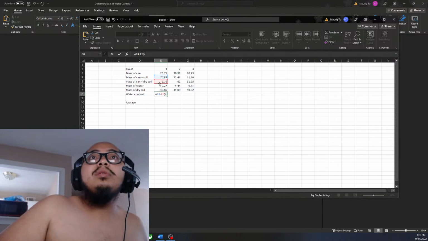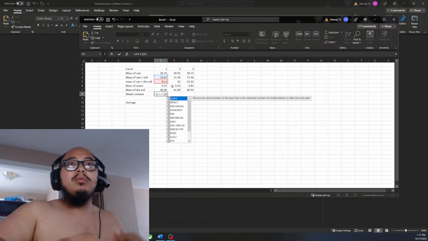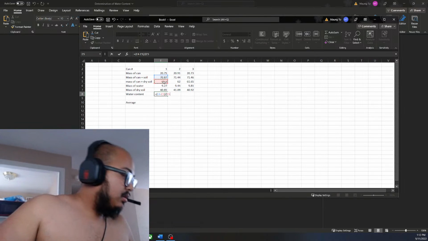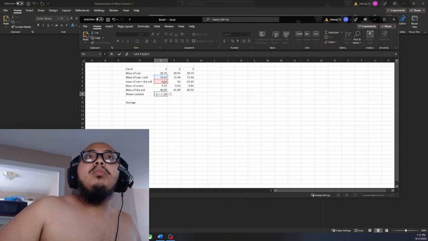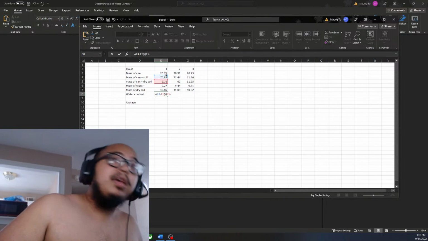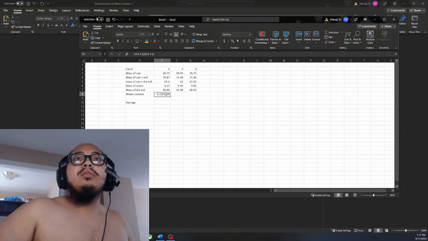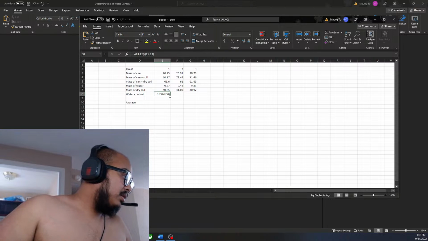Yeah, it's the dry soil. Good thing I labeled. Oh, wait, let me do this parentheses. So M3 minus M1, which is just the mass of the can, I think. Okay. 2.2, that seems about right.